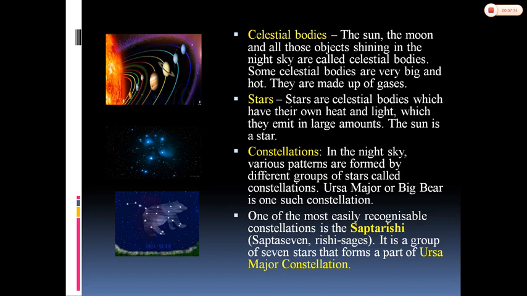That means the Saptarishi constellation is part of the Ursa Major constellation. So various patterns appear in the sky, and these patterns are called constellations. And these constellations have different names on the basis of their pattern.